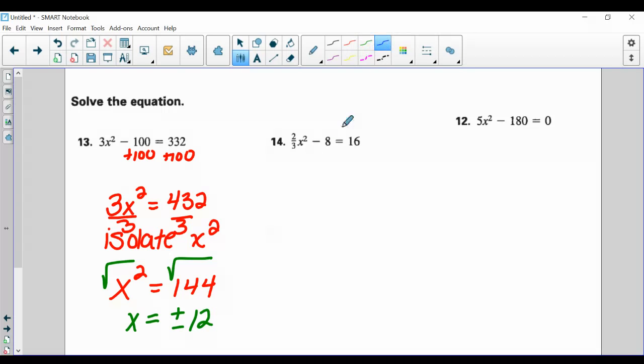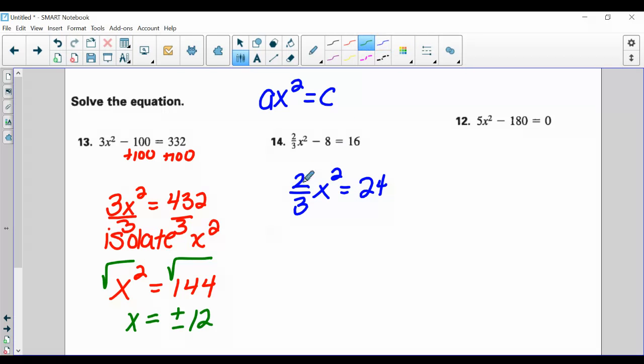As you continue on and do some more challenging problems, use the same method. Your goal is to get it into the format of ax squared equals c, where x squared is isolated. Let's take a look at this one. It involves a fraction. We'll add 8 to the other side, and we'll get 24. And we have to know what to do with this fraction.